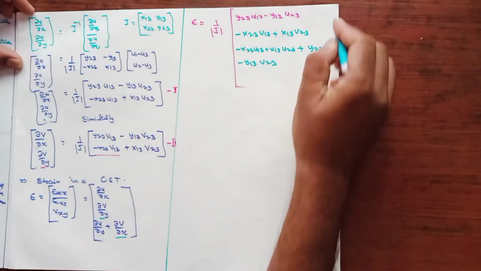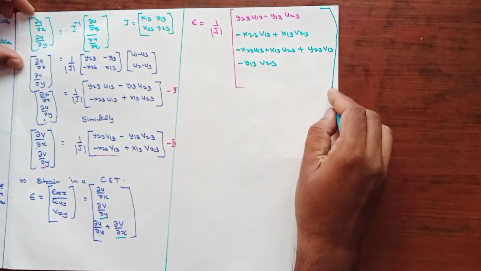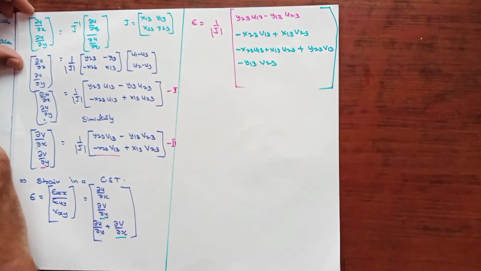So this is the strain matrix for a constant strain triangle.